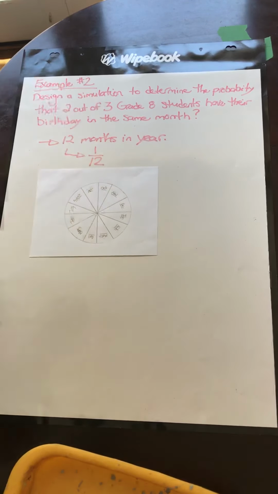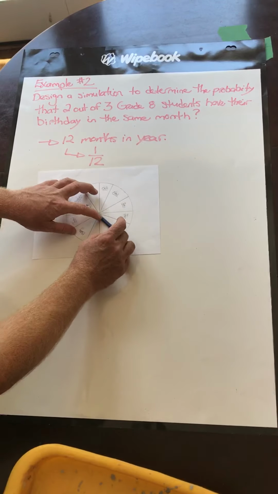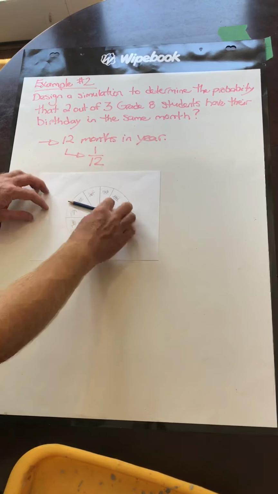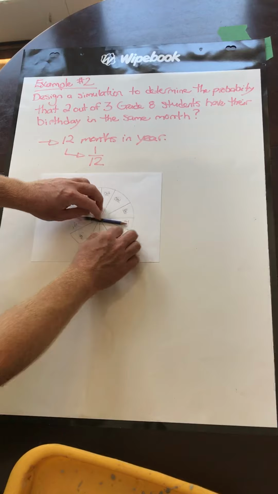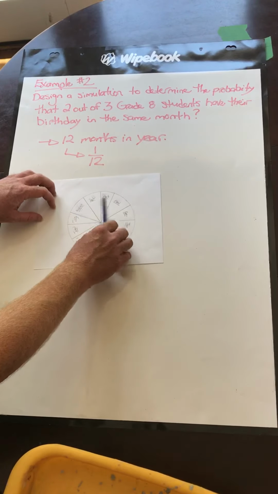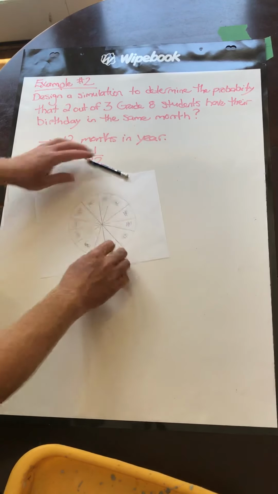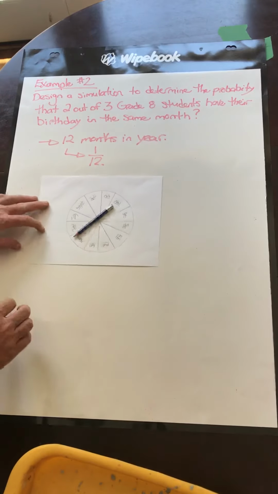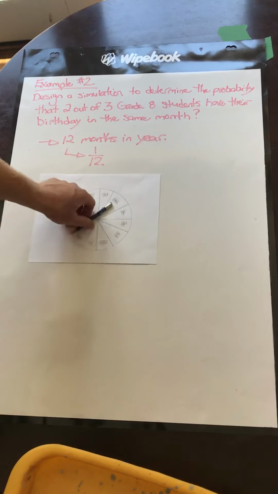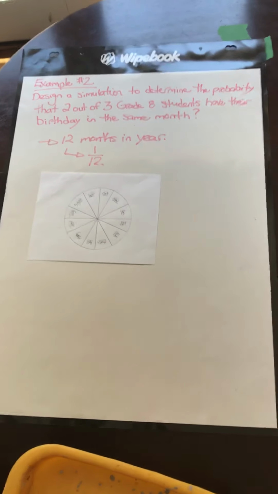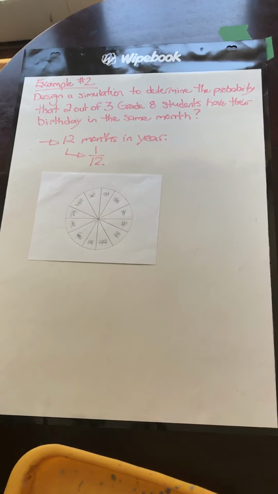So we have 3 students. So we would spin, land on August, mark that down, spin again, landed on July, spin again, and it landed on May, and we would say nope, for that simulation it wouldn't have a match. So that's one simulation done, no matches.